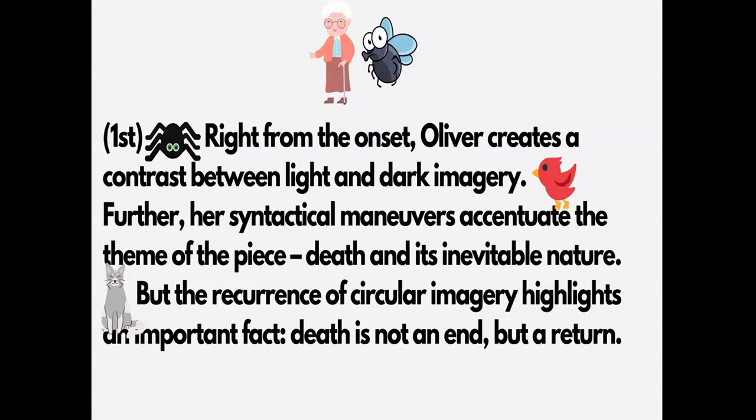So students need to be able to multitask in their first premise. What I mean by that is they have to be able to jigsaw connect how the literary pieces talk to each other. In this example, we're connecting the imagery, the syntax, and the circular thematic aspect of the poem together.